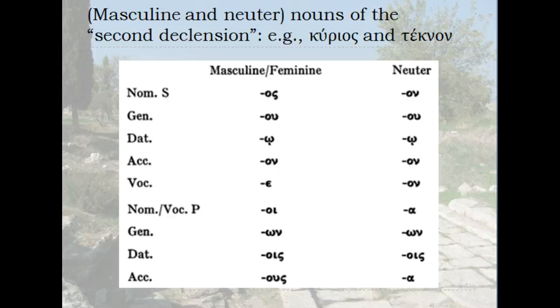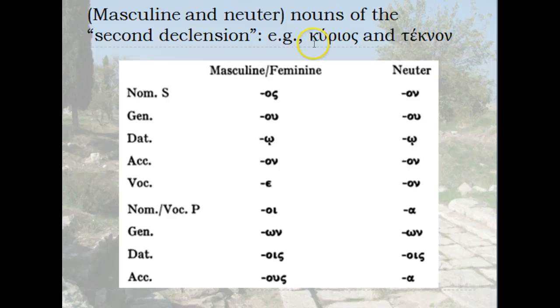So when you see that ending, one of your first thoughts is, if this is a noun, I'm looking at a dative plural noun, and that's how I'm going to treat this. So I know it's going to be either probably the indirect object, or something about location, or something about the instrument used to get the action of the sentence done.